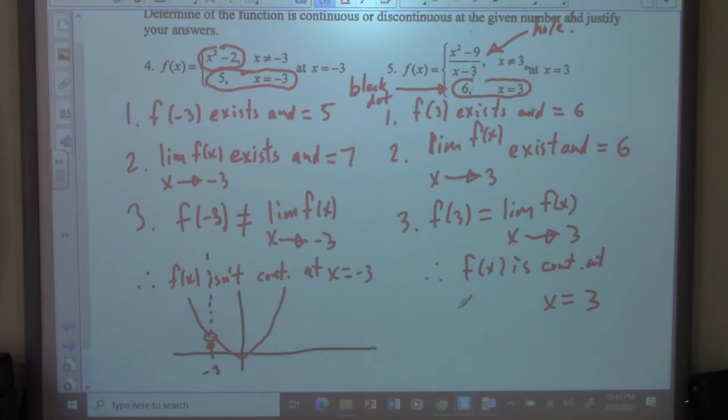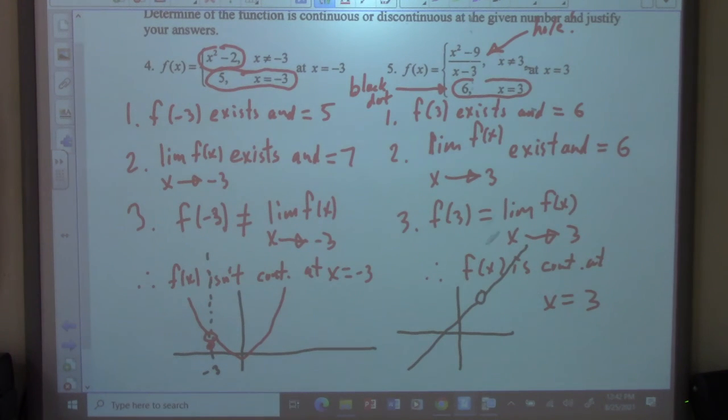Whereas on this one here, that's going to be like x plus 3. So the thing is going to look like this, but what happens at x equals 3? Right? So that's what this is looking like. And so we have to look, is this thing going to fill in the hole here?